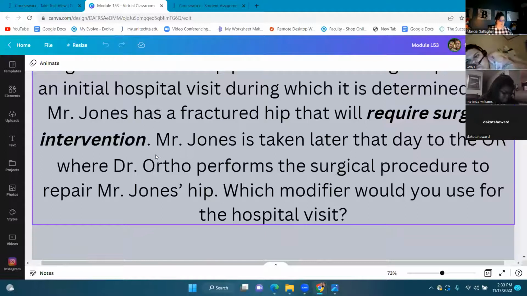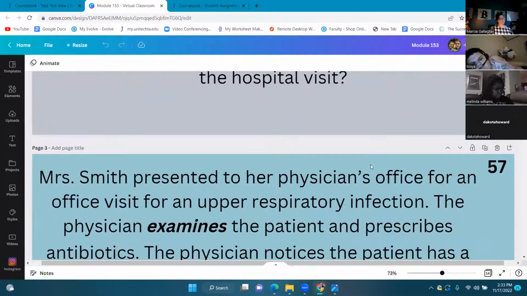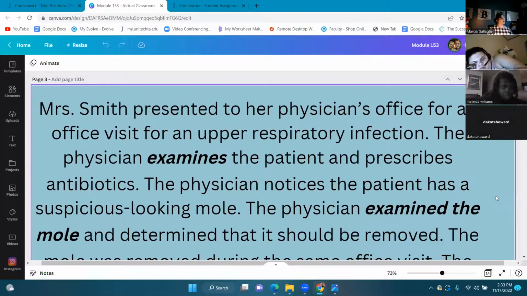What modifier is decision for surgery? 57. I put the answer right there on that slide.